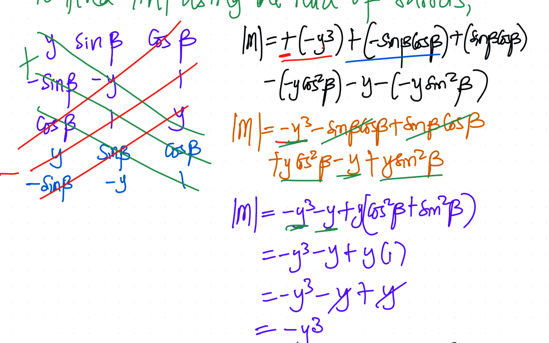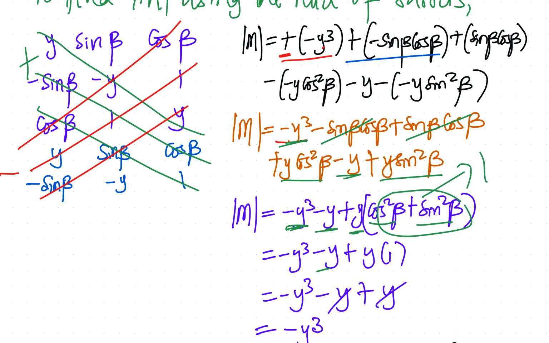In trigonometry, sine squared anything plus cos squared that thing is 1. So this whole thing is 1. So we have minus y cubed minus y plus y times cos squared beta plus sine squared beta, which is 1.